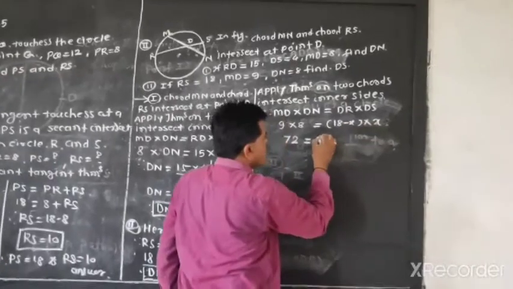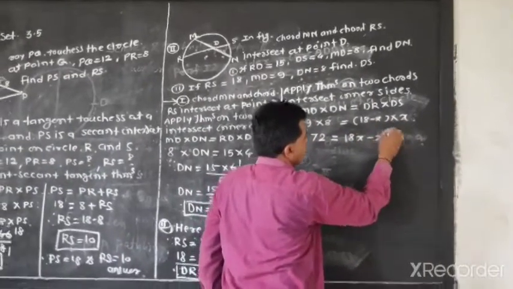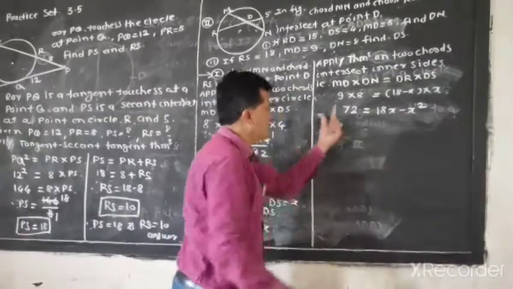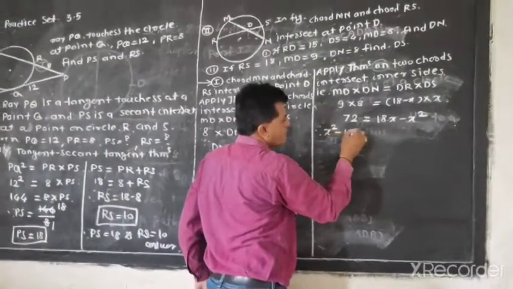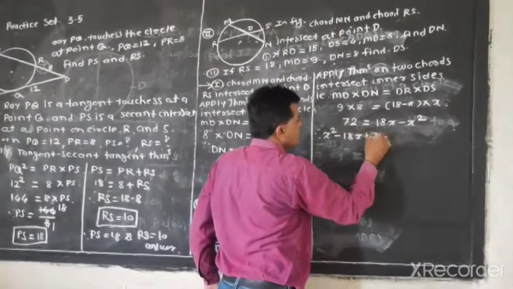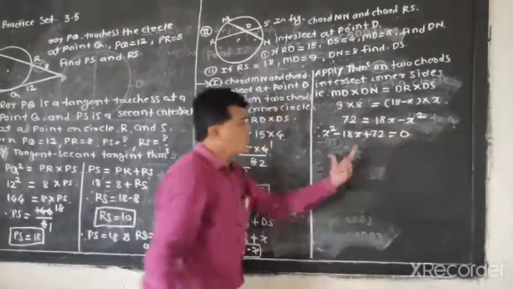x multiplied by 18 is 18x minus x square. The minus x square is transferred, so it becomes plus x square, and 18x is transferred, minus 18x, plus 72 is equal to 0. This is a quadratic equation.